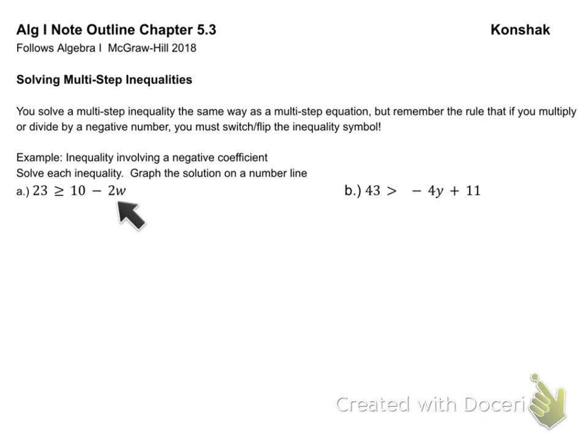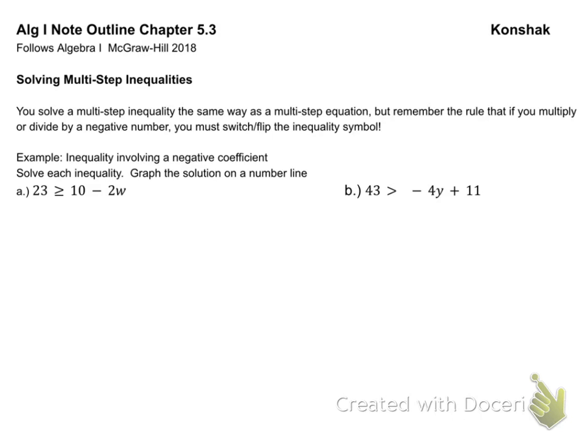If I check a problem and I say, hey, what if W is equal to 5? Is 5 a solution to this inequality? I would have to do 5 times negative 2, and then I'm going to add 10, right? Add positive 10 to check. So to solve equations or inequalities, I go in the absolute opposite way.